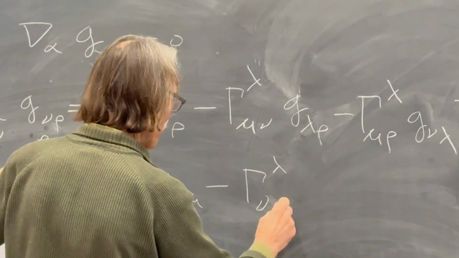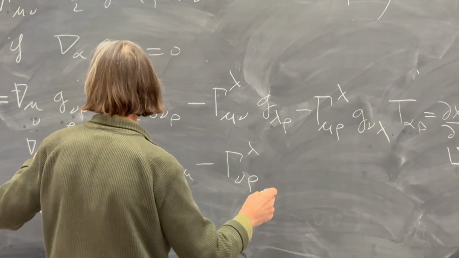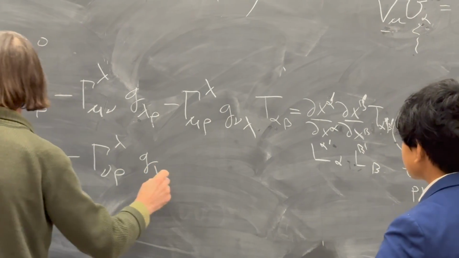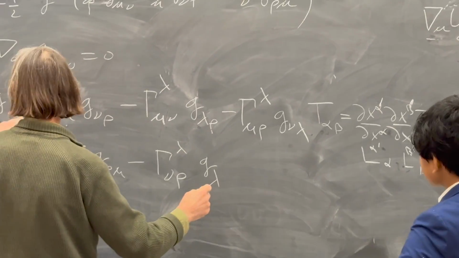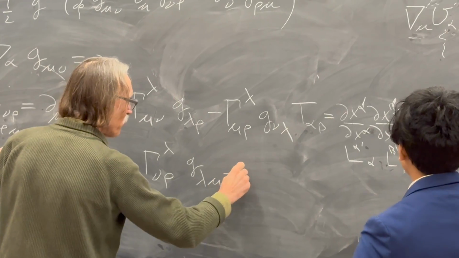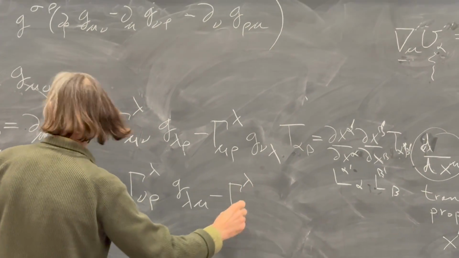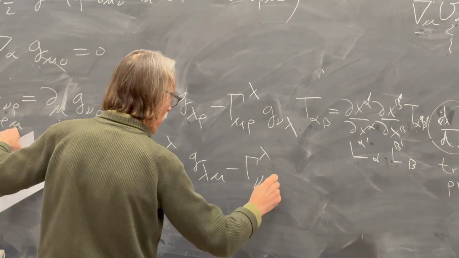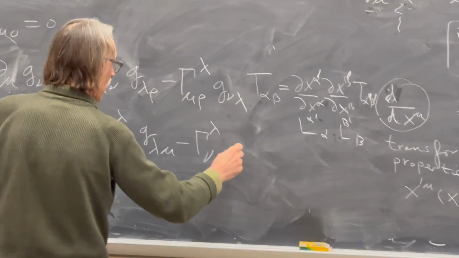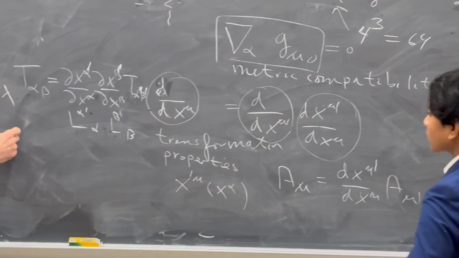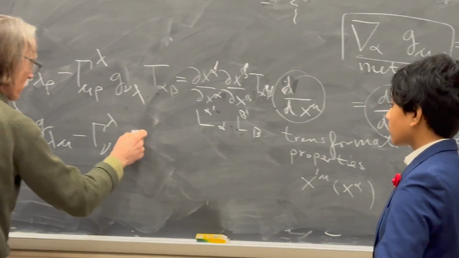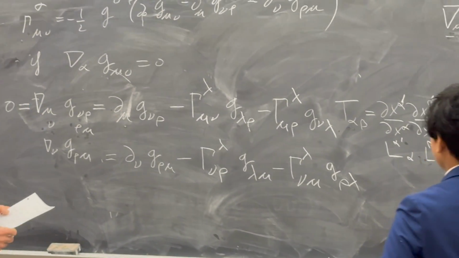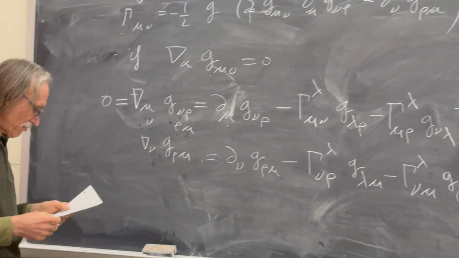It is very easy to get confused when you do this. And here you have g lambda, and the rho became a mu, minus gamma lambda. The mu became a nu, the rho becomes a mu, and the nu becomes a rho. So we have c rho lambda, that's this equation.